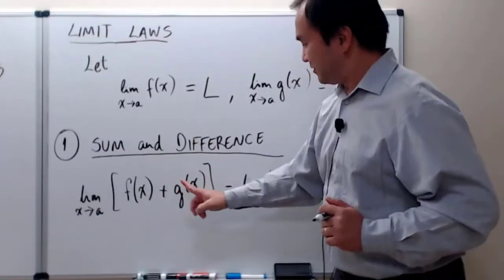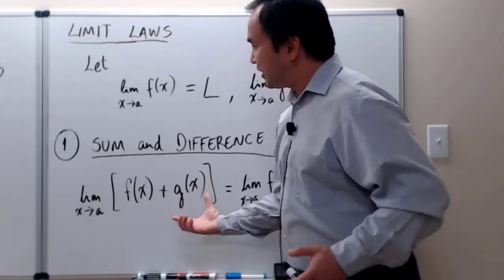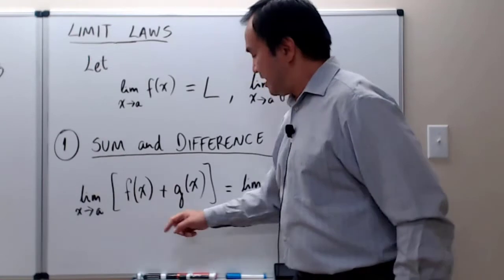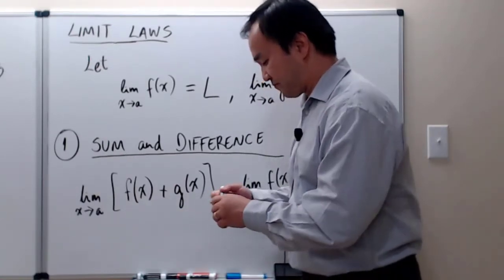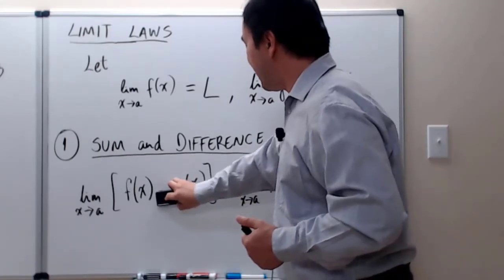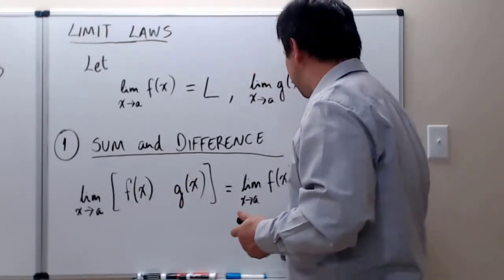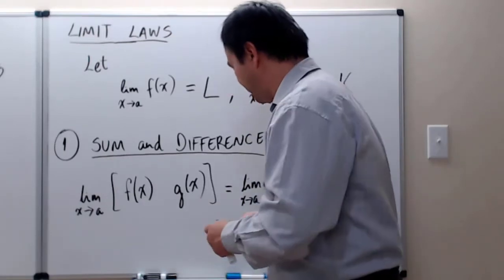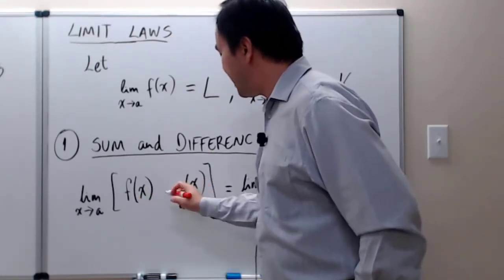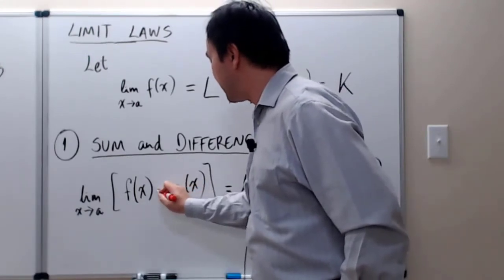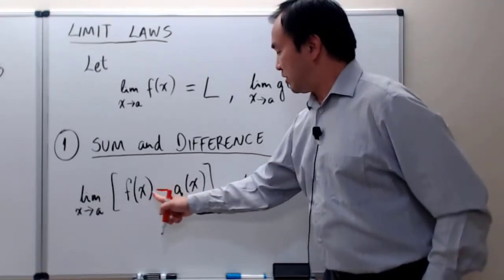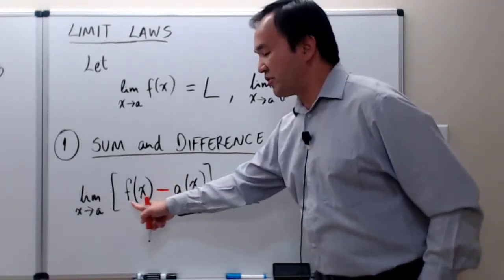Now you've just seen the sum through the example. A sum basically indicates that we have two terms being added. Similarly, there are other times where the functions f and g are related by a subtraction, a minus operation between f and g.